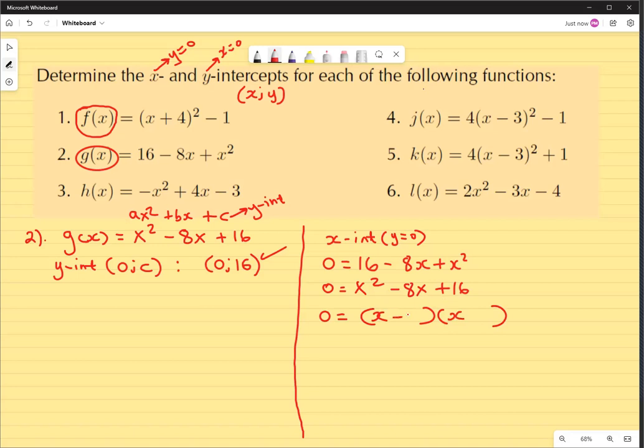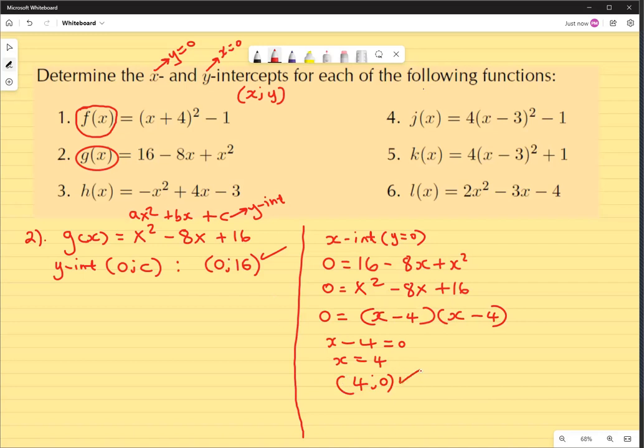So it's going to be minus 4 and minus 4. Since the brackets are the same, I'm just going to write 1. x minus 4 equals 0. So x equals 4. Then my point will be 4 coordinate 0.